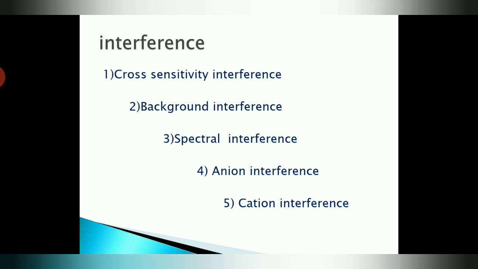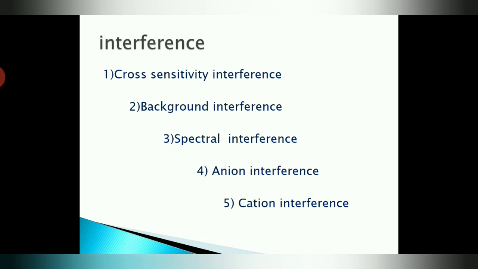Next is background interference. Background interference cannot be entirely eliminated by the instrument. It is always present at the wavelength of the analytical line or band. Next is spectral interference. It is caused by two or more elements which have very close emission lines, and this results in a wrong answer. Means if two elements have very nearly the same wavelength of light, then they interfere in the normal spectral information.